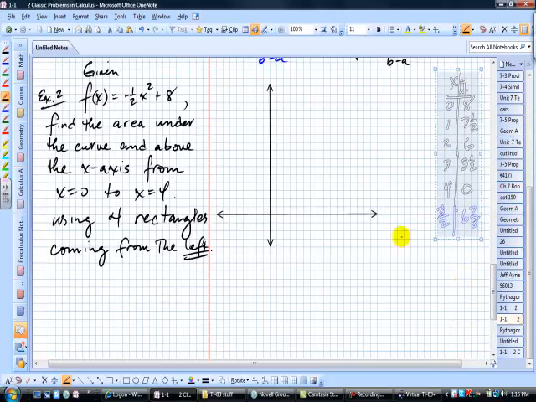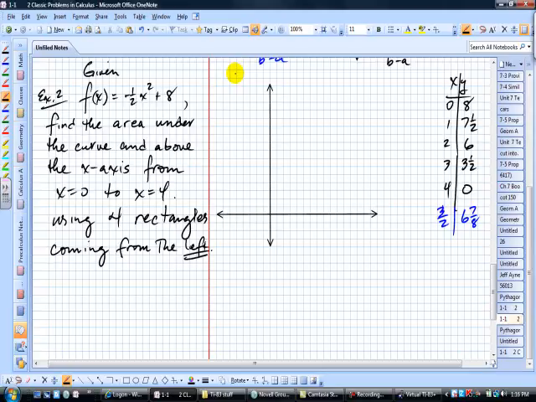Let's plot again: 0, 8; 1, 7.5; 2, 6; 3, 3.5; 4, 0. Reflect on the other side, which we don't need to do, but I'm going to do it anyways. Okay, there's your f of x.